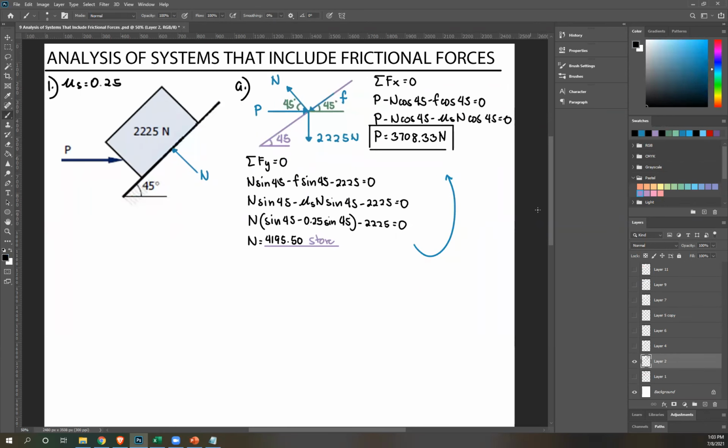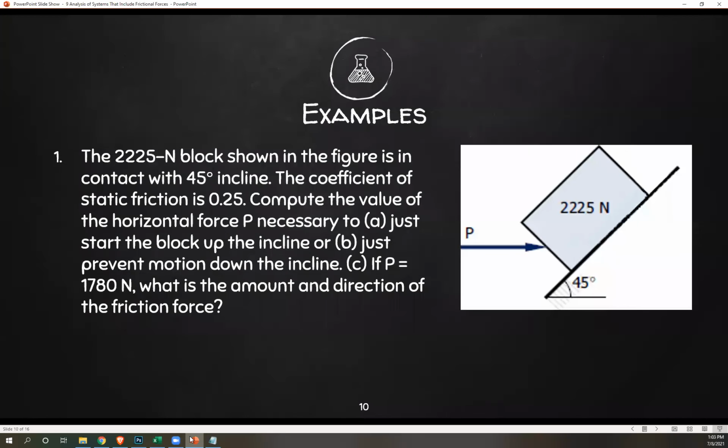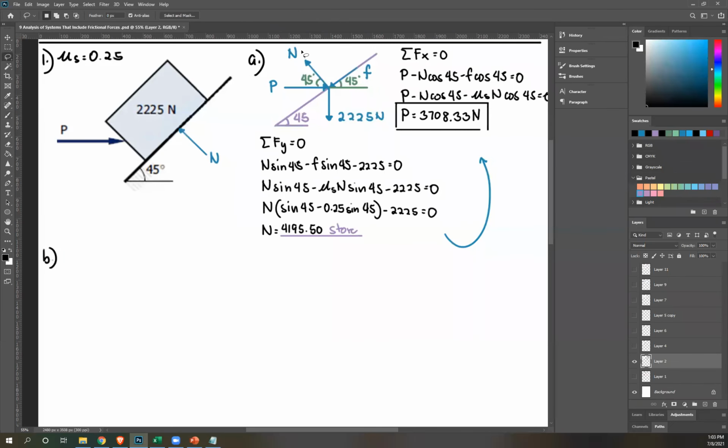Okay, so that's part A. Part A done. Let's move on to part B. Prevent motion down the incline. Now we have a new free body diagram. The difference from A and B: A is impending motion upward.